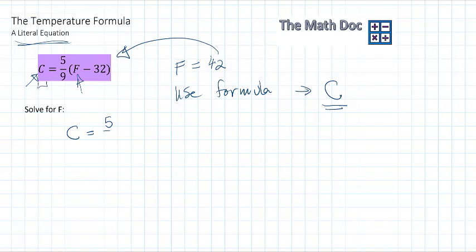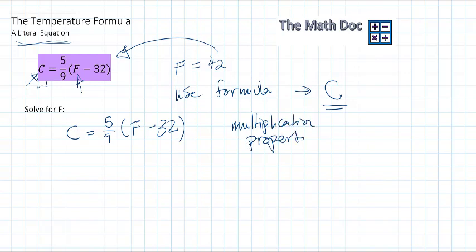C equals 5/9 times F minus 32 in parentheses. So we can use the multiplication property to get rid of this coefficient in front of the parentheses. Let's multiply both sides by 9/5.